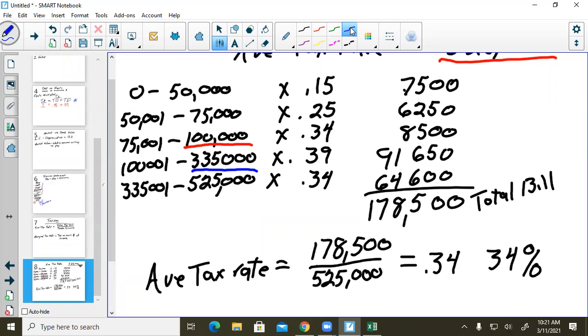Less than 1% make 300,000 or more in income. What total percent of the U.S. tax bill do you think that less than 1% carries? 40% of the total taxes in the country are paid by that less than 1%.